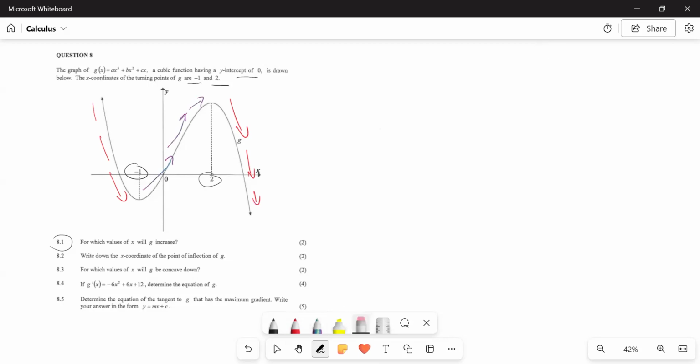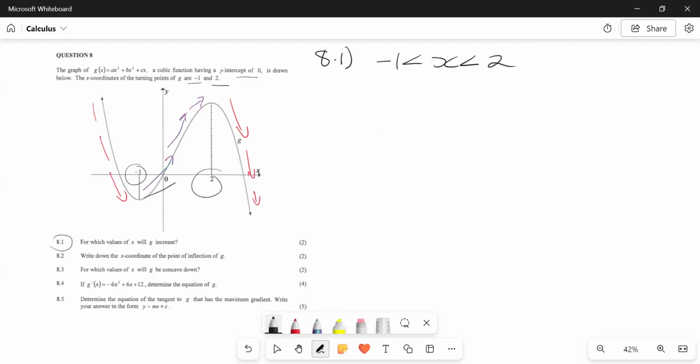Where is our graph increasing? Between -1 as well as 2. So for 8.1, we can just say x is between -1 and 2. That's where our graph is increasing.